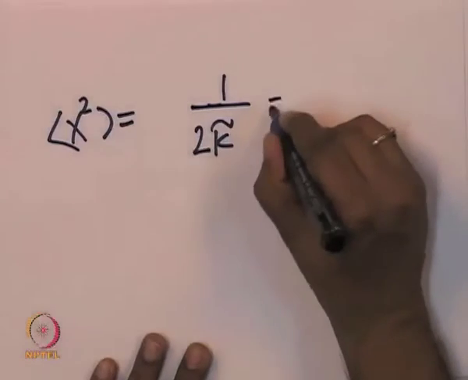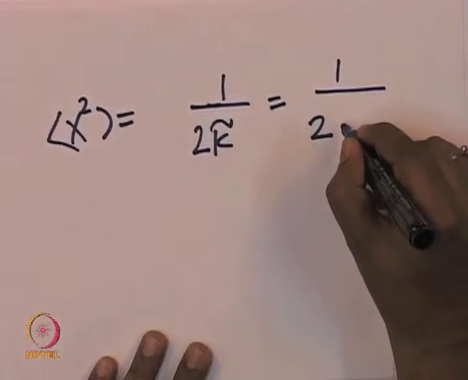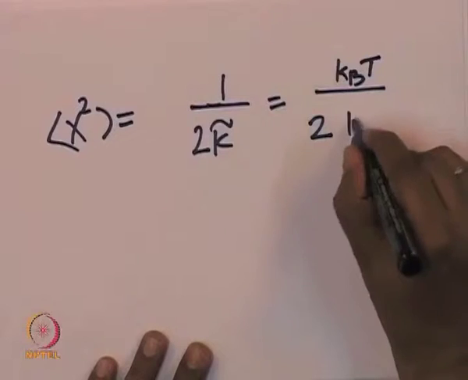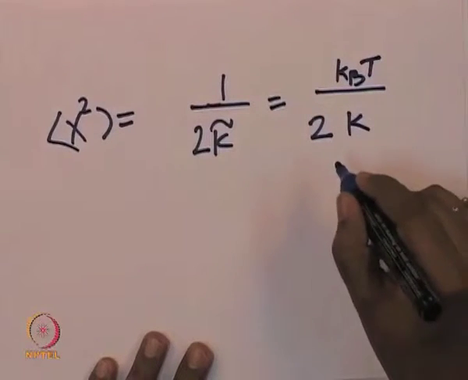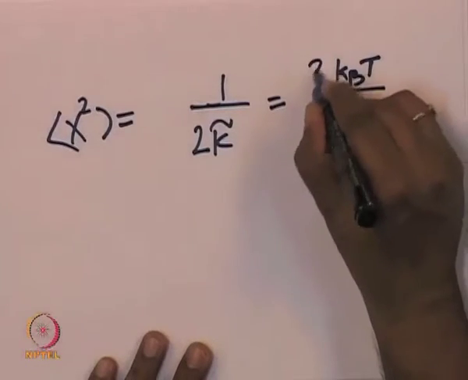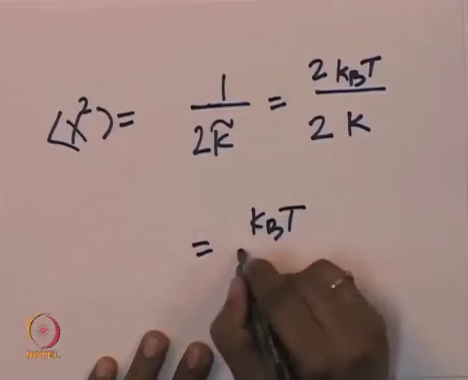What is k̃? k̃ over 2 is β, which is 1 over k_B T. So, I can take k_B T over here with k, and there is a 2 here, so the 2 and 2 cancel. This is basically k_B T by k.